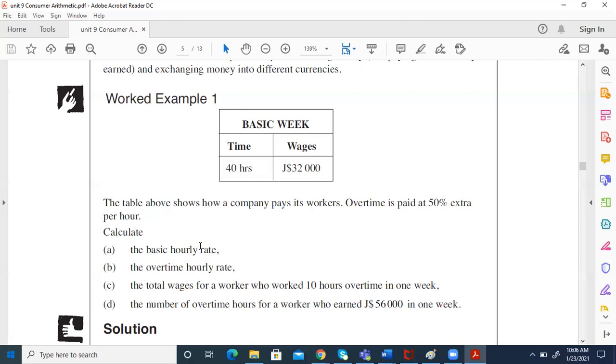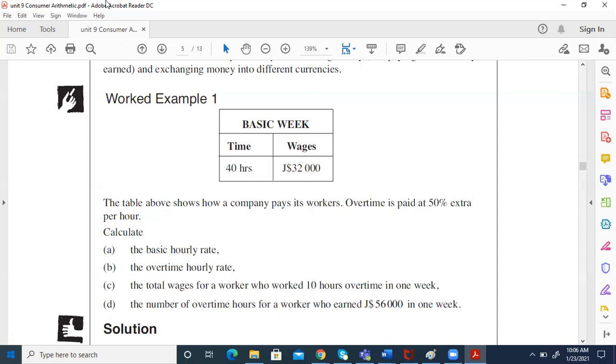The next thing it asks is the total wages for a worker who worked 10 hours overtime in 1 week. Apart from the 40 hours, I have to clear the 40 hours first before you can consider anything else to be overtime.